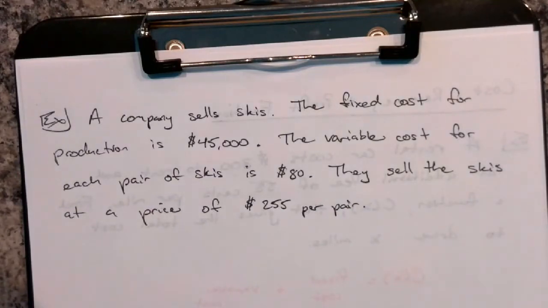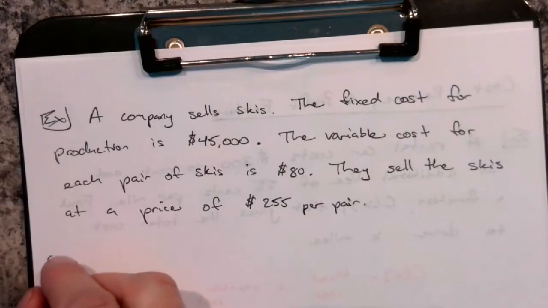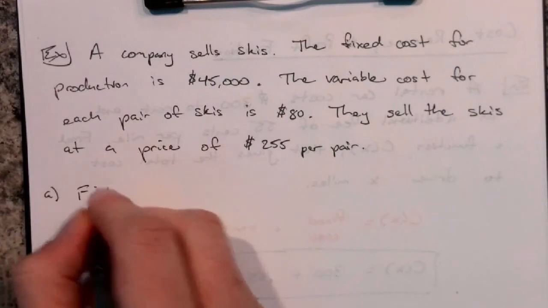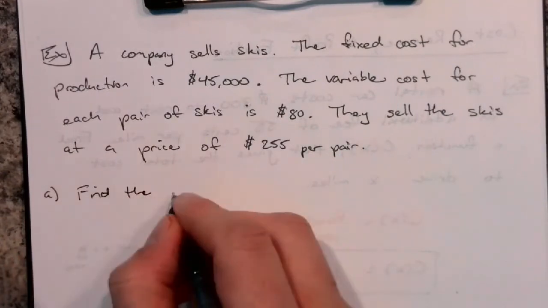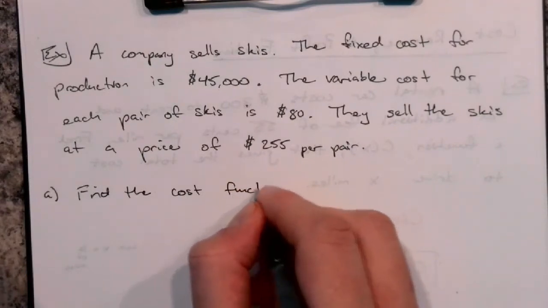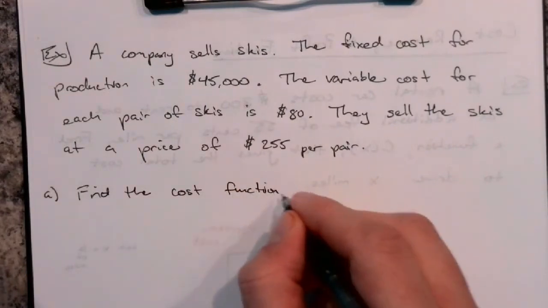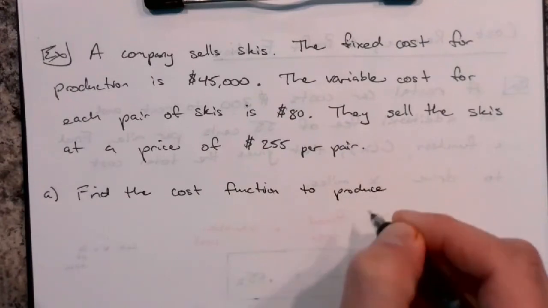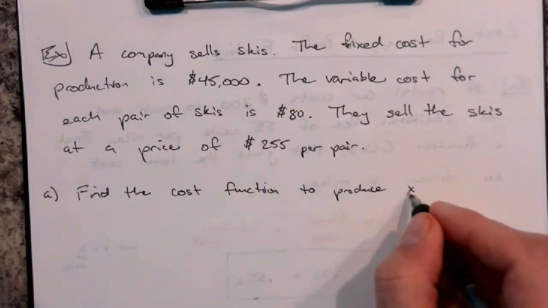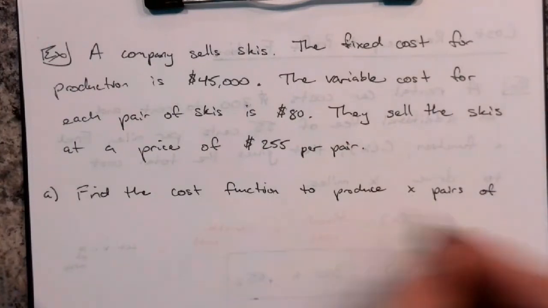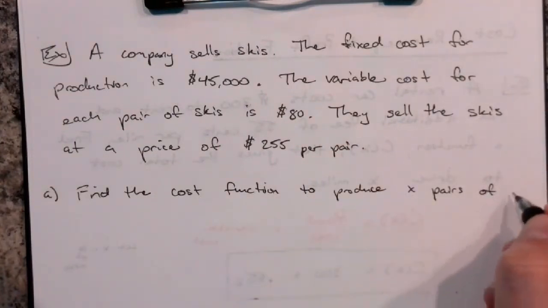So we'll ask some follow-up questions to this. First question: find the cost function to produce x pairs of skis.